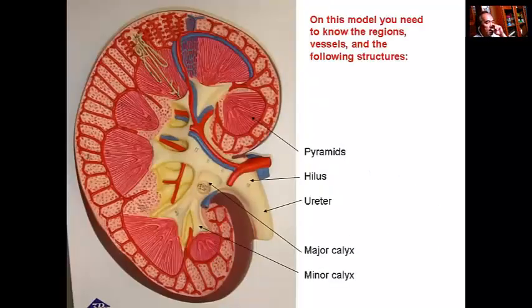Okay, so looking at, again, the pyramids, the area where the concave cavity is going to be called the hilus. That's where the blood vessels, renal artery and renal vein, enter and exit. And then you have the ureter that exits out from that area.